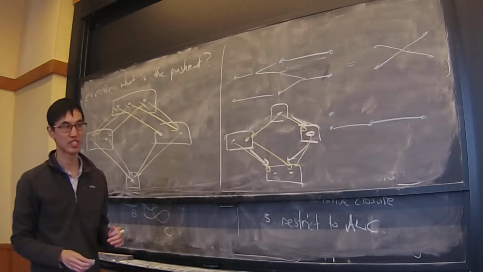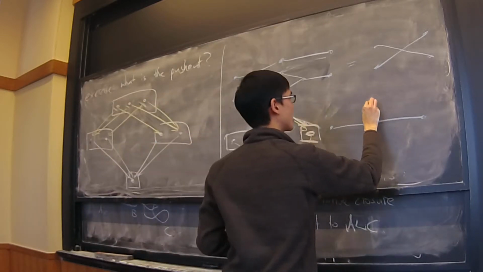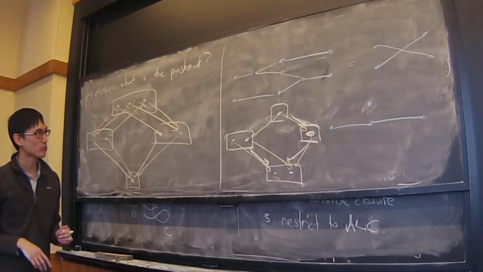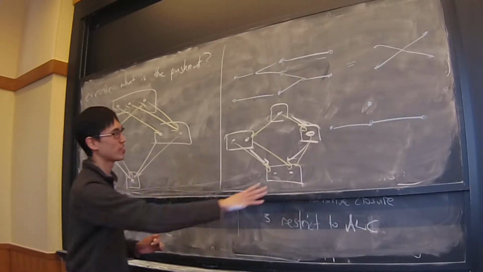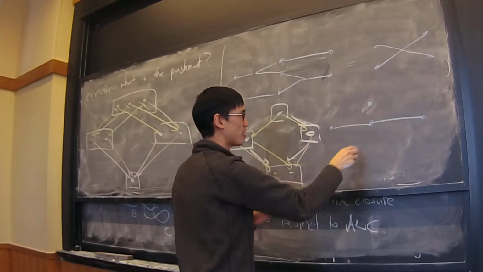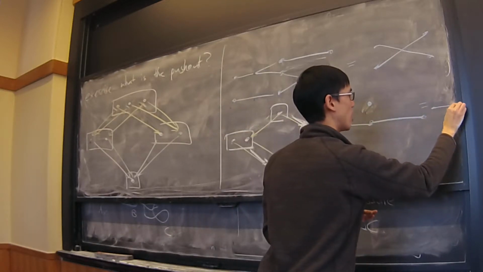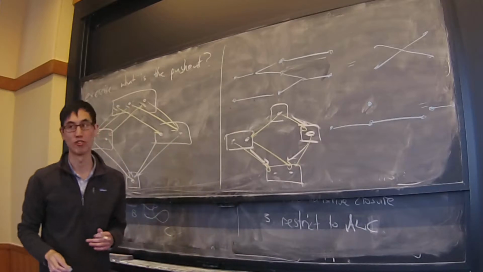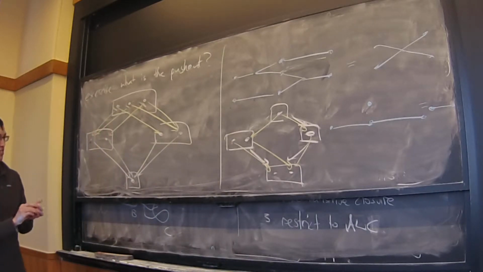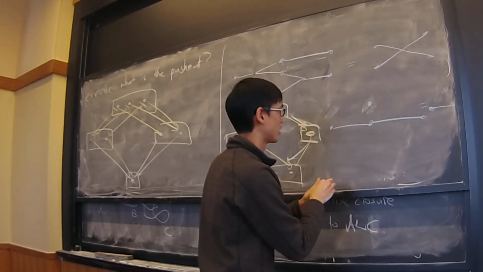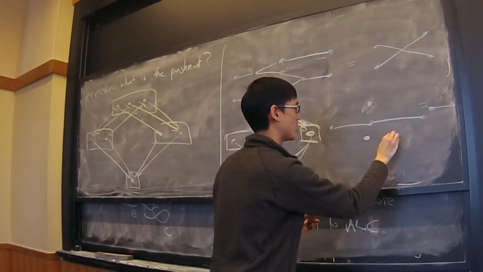So let's compose these wirings. What I want to say is that when we compose these as wirings, the composite will forget this point in here. But the pushout won't do that for us. So let's construct this pushout. This pushout has 2 points up here.